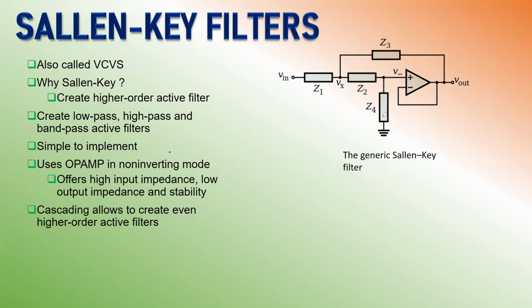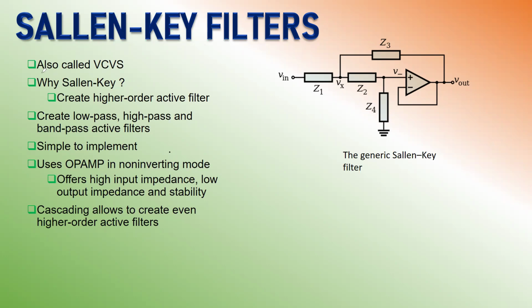We also used the combination of RC and the operational amplifier to create second order active filters. Sallen Key filters are also used to create second order active filters. So we are going to see the unique advantage of Sallen Key, which we prefer over the op-amp with RC components used as active filters, as we have seen previously.